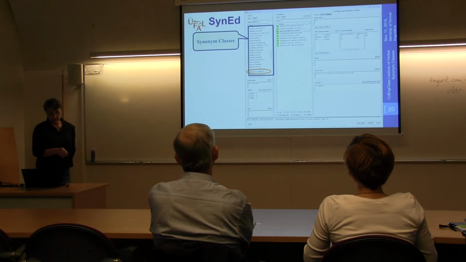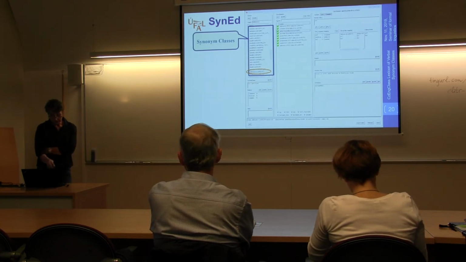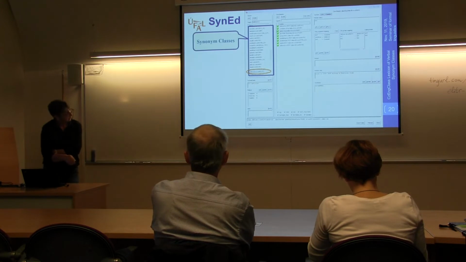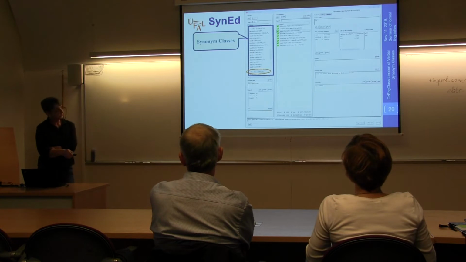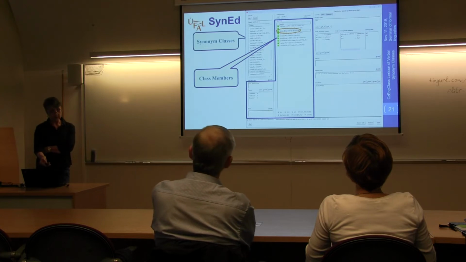You see that here we already have the ID of the valency frame, and the synonym class in the circle is stěžovací. So for this individual class, the annotator can then open and see the individual class members.